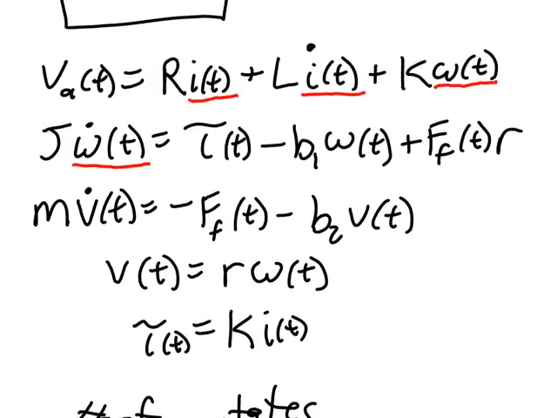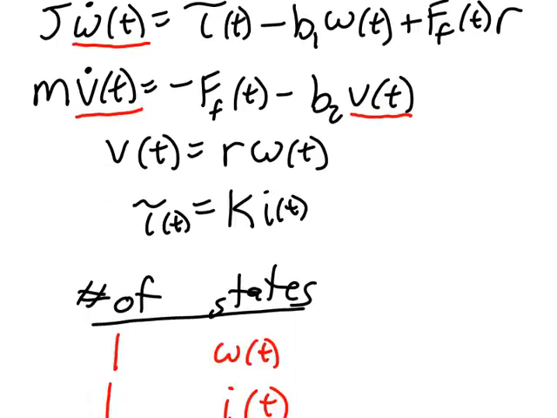Now, are there any other signals here that have more than 1 order of derivative? I see I have one more signal here, and that is the velocity. The velocity of the car has the 0th order and the 1st order derivative, so that will also give me 1 state.